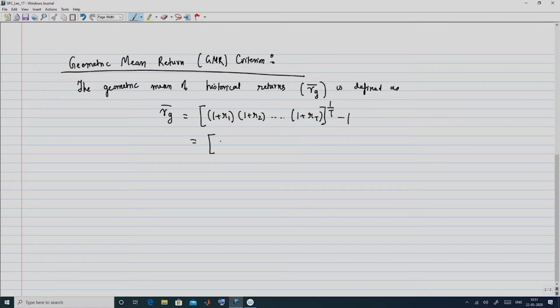This can be written in the short form: product of 1 plus Rt, t equal to 1 to capital T, raised to 1 over T, minus 1.